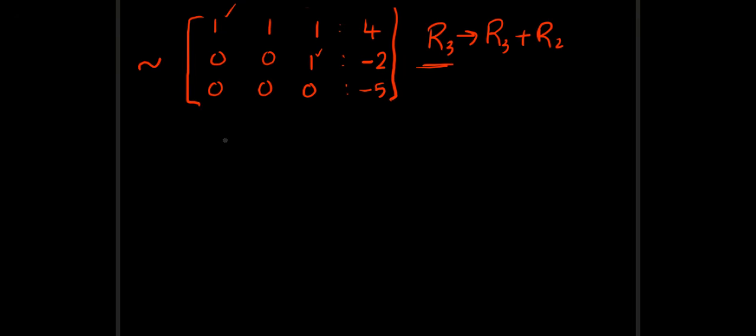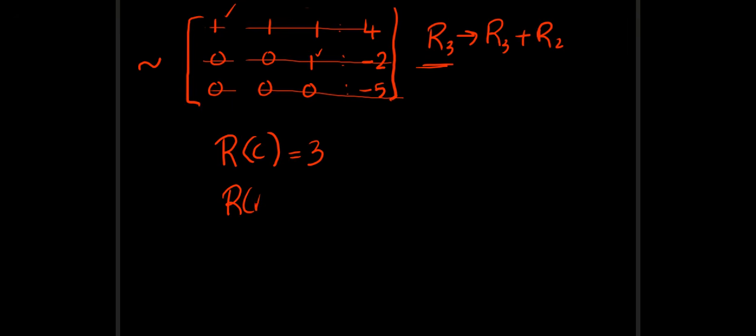Okay, so I'll write rank of C. So how many non-zero rows? Okay, first row is non-zero, the second row is non-zero, the third row is also non-zero. And now I'll write rank of A. It's very easy.